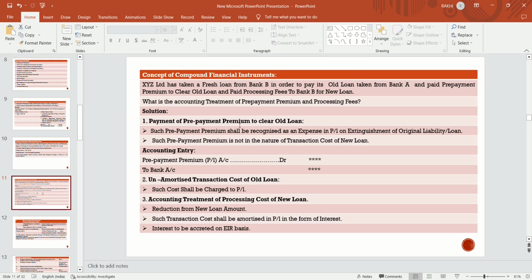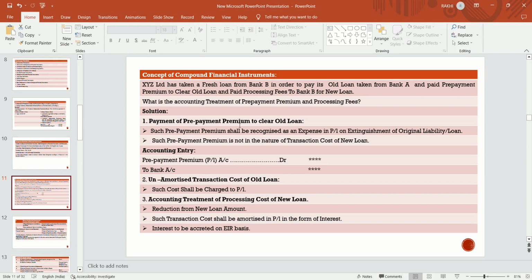And they have also paid a prepayment premium to clear the old loan, because the period of the loan had not expired, and they cleared it before that. The time period is 10 years and they paid before 10 years, so the bank has charged some prepayment charges on that.